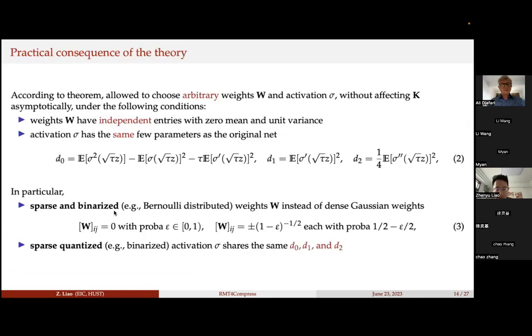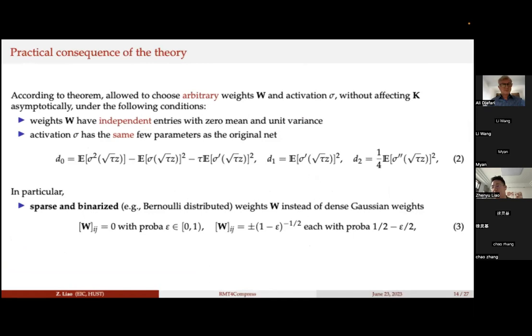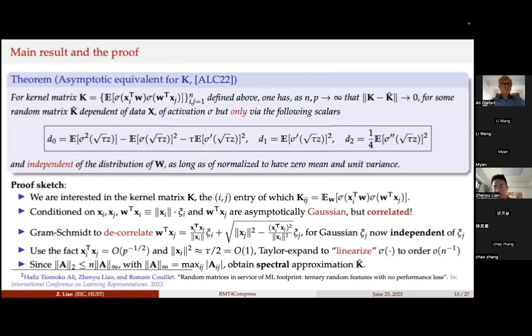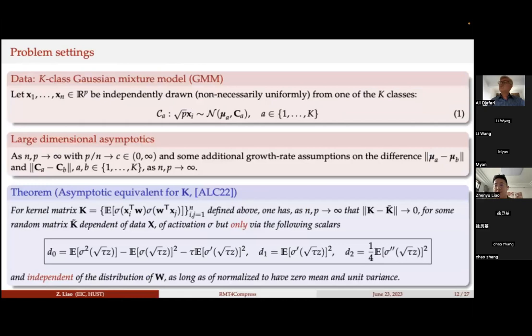So at this step, this kernel matrix K no longer depends on the number of neurons. It characterizes the behavior of a neural network, but only for an extremely large number of neurons.